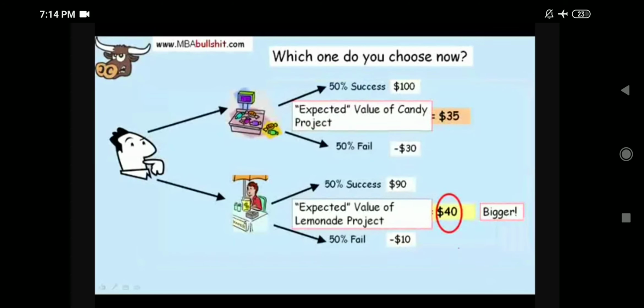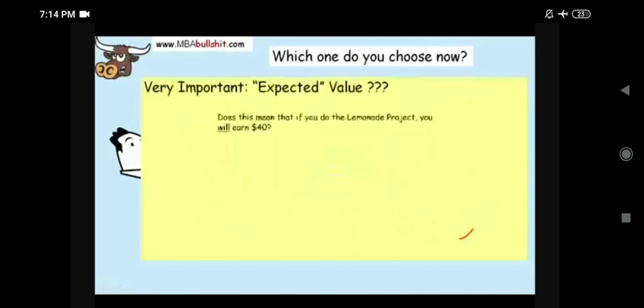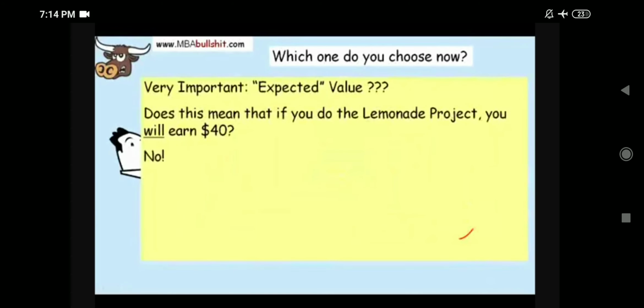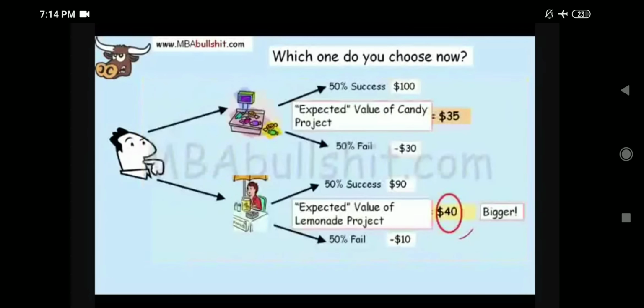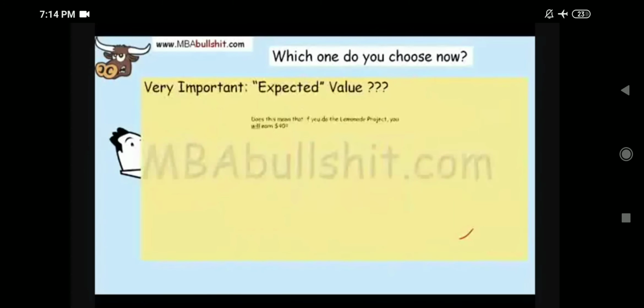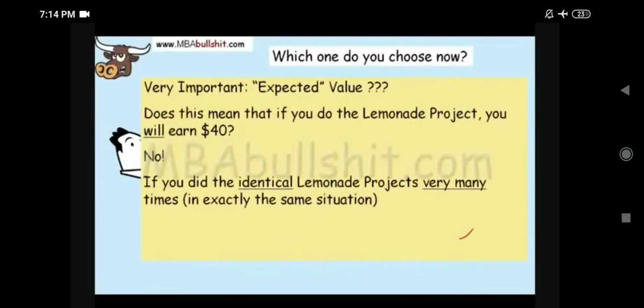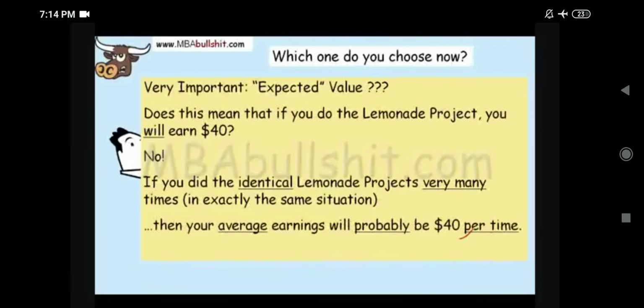No. It means that if you did identical lemonade projects very many times in exactly the same situation, then your average earnings will probably be $40 per time on the average.